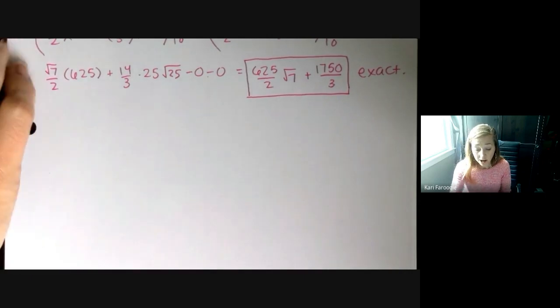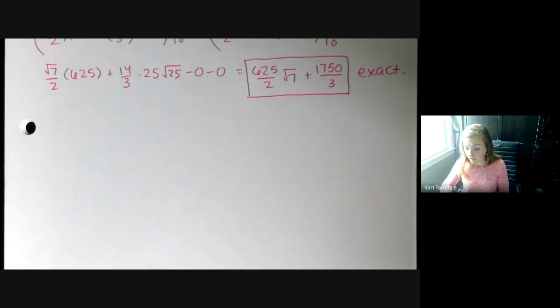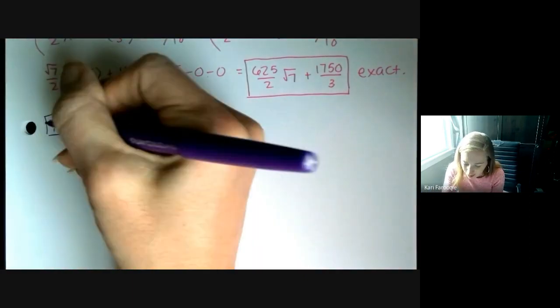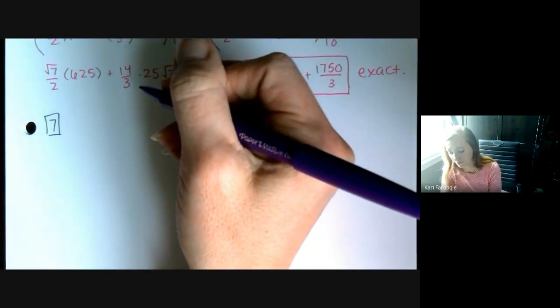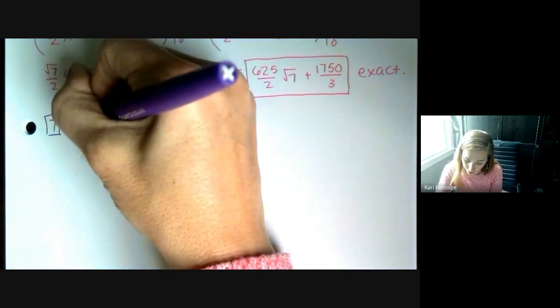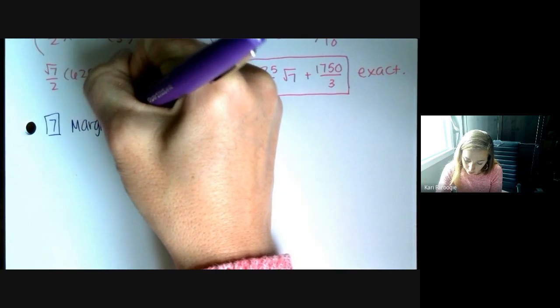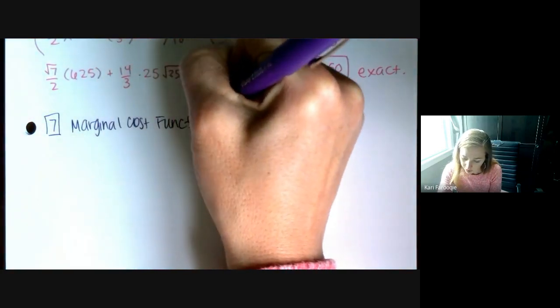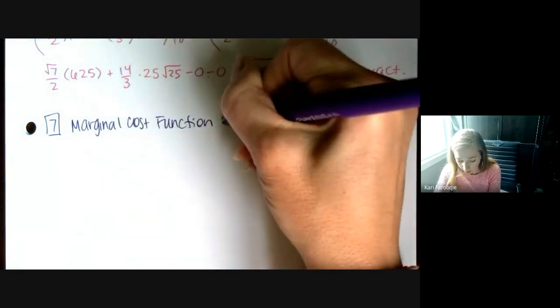All right, let's do one application problem and we'll be done. This is going to take you back to chapter 3, section 4. I'm going to give you a marginal cost function. You're like, oh my gosh, she's not talking about marginal cost. I'm talking about marginal cost.